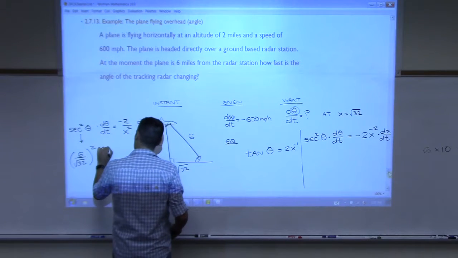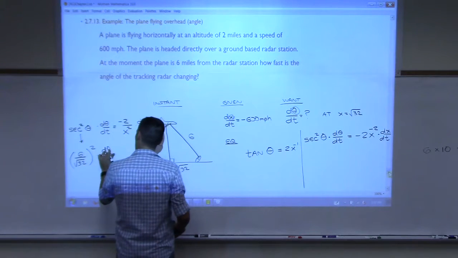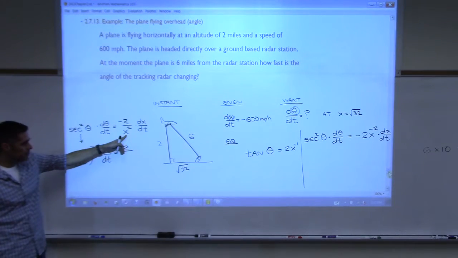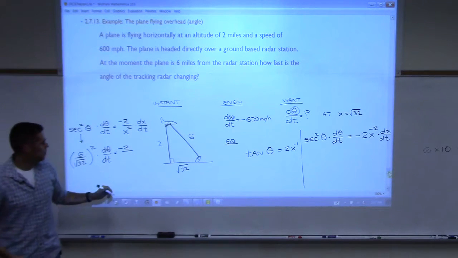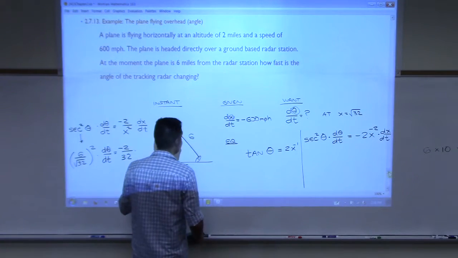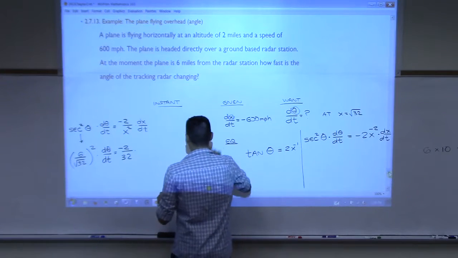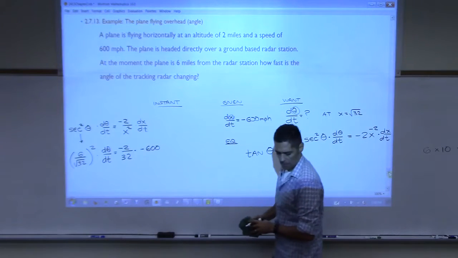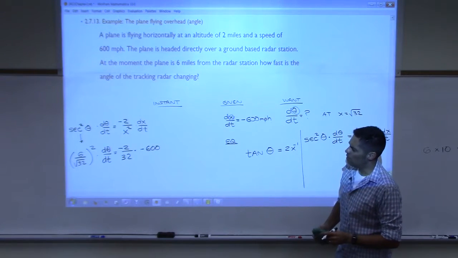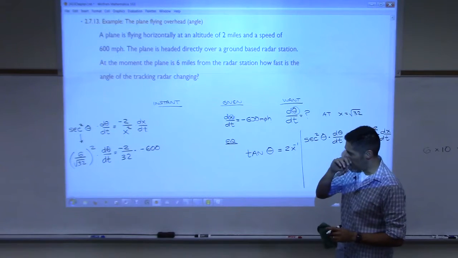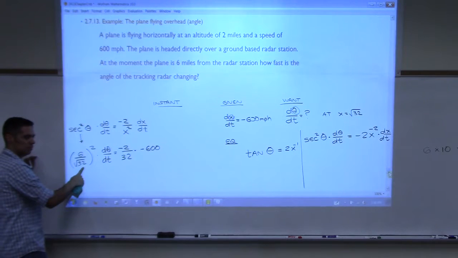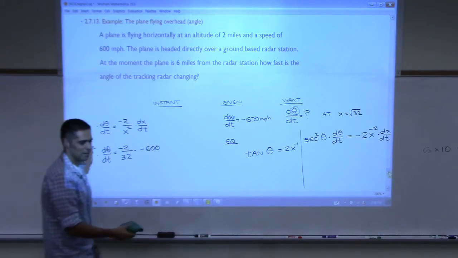Times d theta dt equals negative 2 over, what's x squared? Root 32 squared is going to be 32. And then dx dt was negative 600. Secant squared theta is 1? How do you get that? No, it's over 32, not over 36.